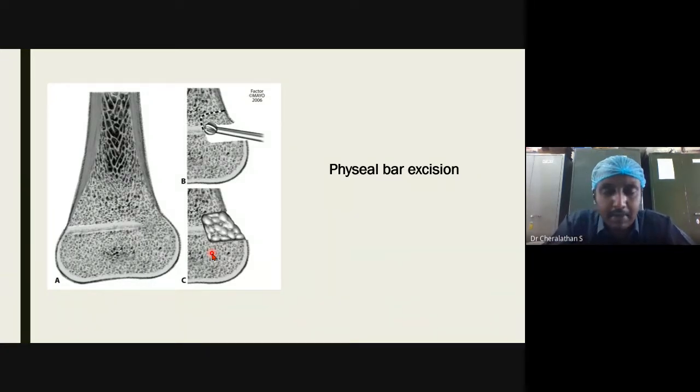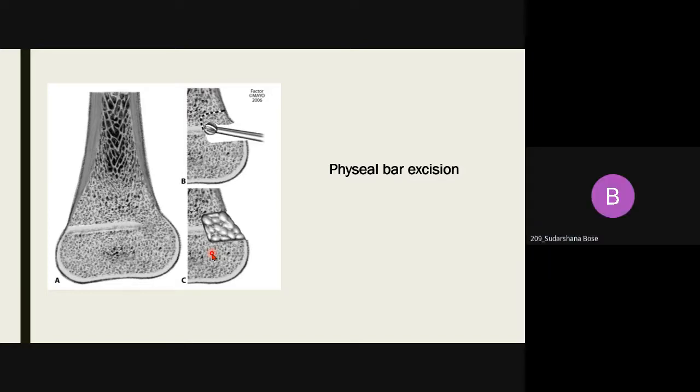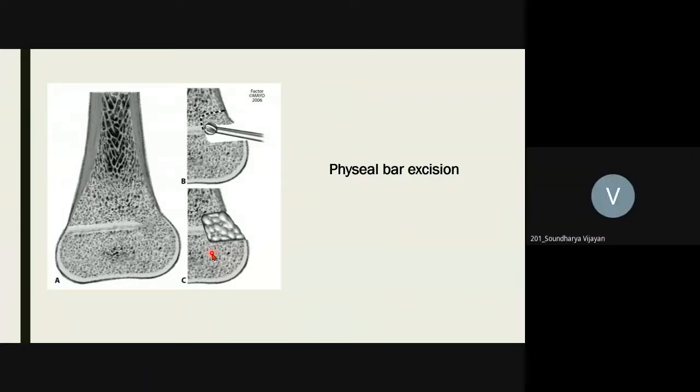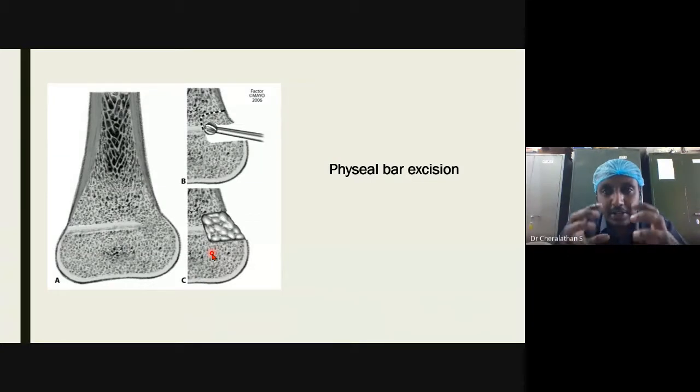Are you all aware of the Elizarov apparatus? Yes, sir, you taught it last time. Yeah, we call it the limb lengthening procedure. It is nothing but distraction. Exactly, distraction histogenesis.